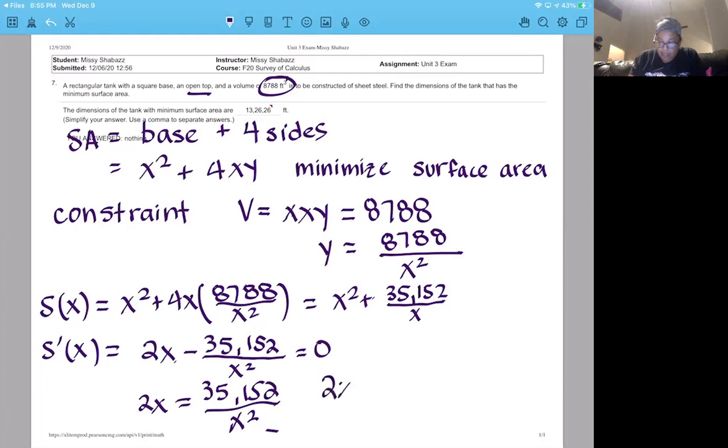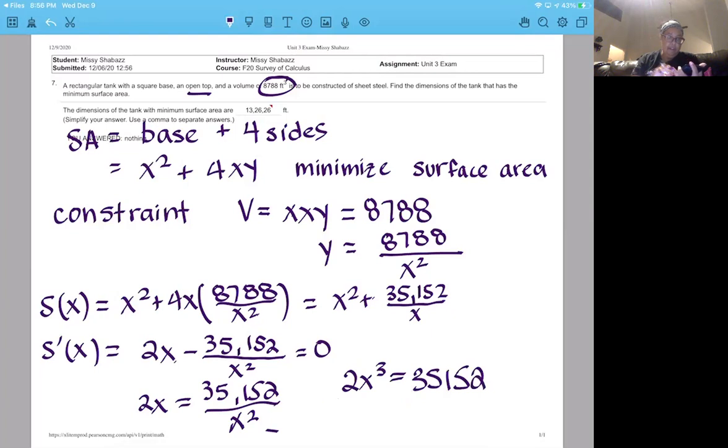So I have a 2x squared, which is 2x cubed, is equal to 35,100. Man, all right, let's try that again. 2x cubed is equal to 35,152.